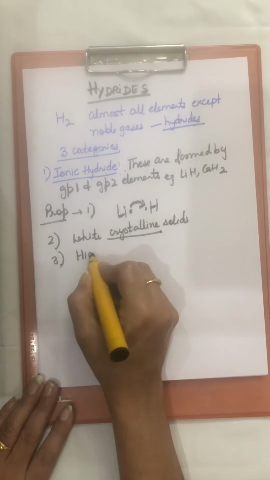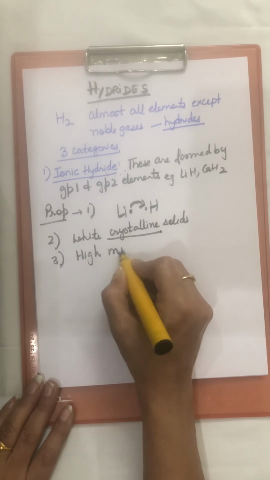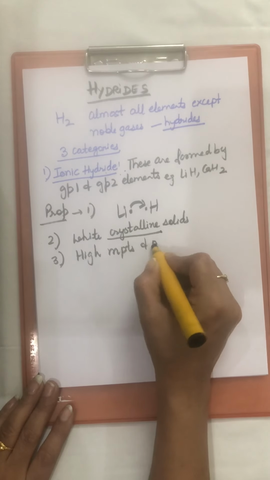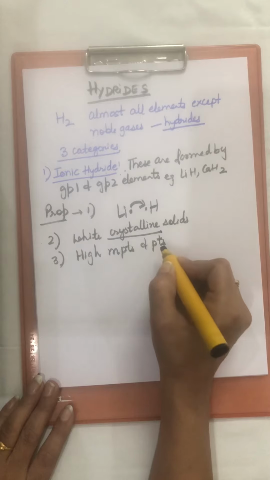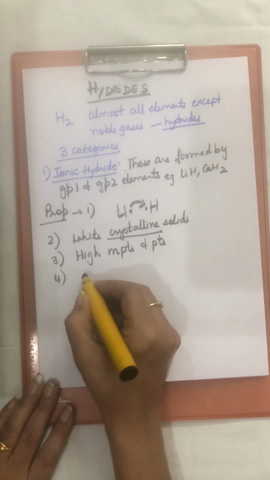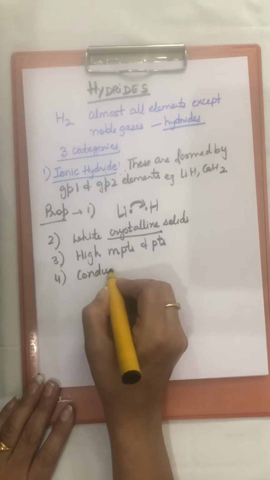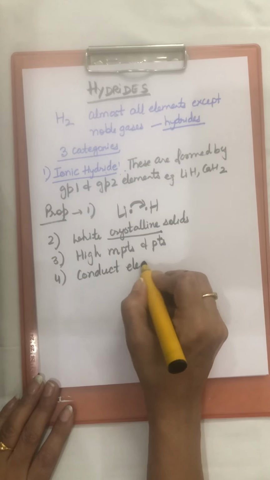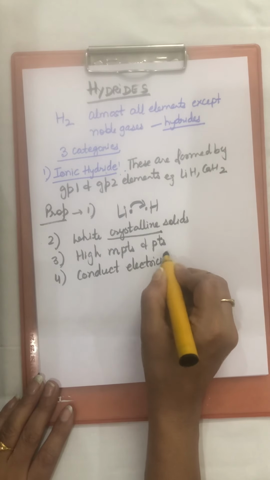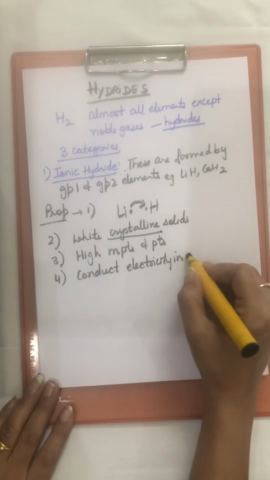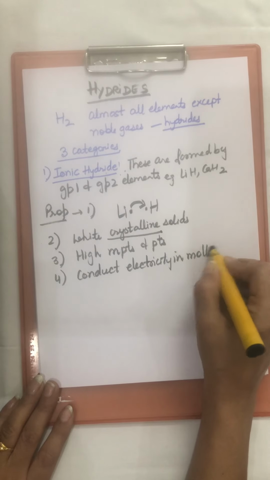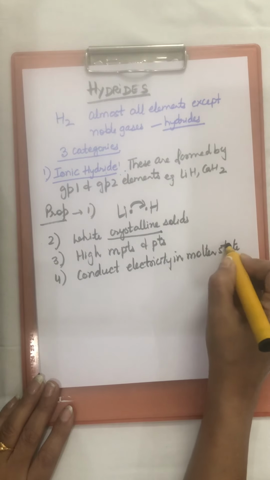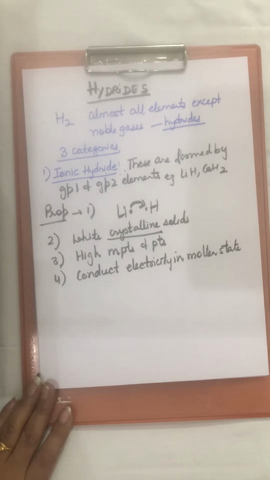They have high melting points and boiling points, since the bond is ionic, it's a strong bond. They conduct electricity, but in molten state.